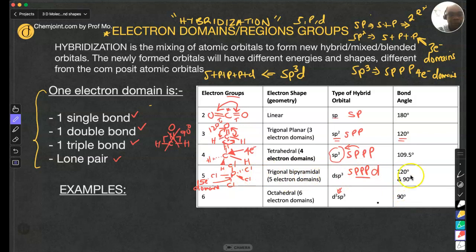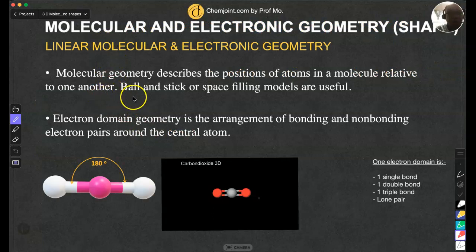We'll talk about that. So if you look at CO2, which is a classic example of a molecule that has linear molecular and electronic geometry. For molecular geometry, we are connecting the elements. It's a straight line. The electrons, according to VSEPR theory, will repel each other maximally in space. The bond angle will be 180.